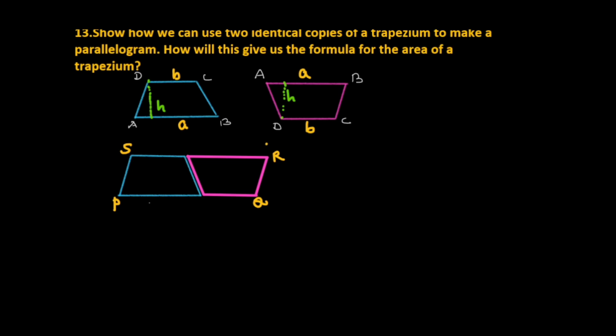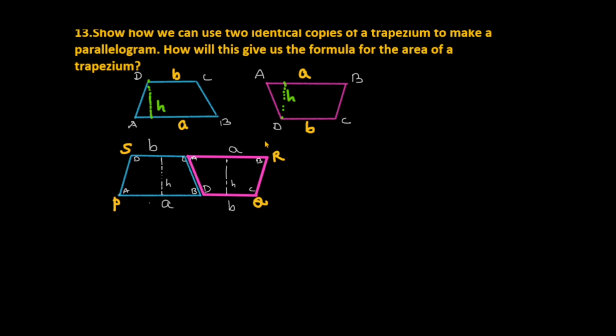We joined here, this is vertex A, B, C, D, and here inverted, and we joined like this. The side lengths, A to B is A and C to D is B. Here C to D is B and A to B is A. And the height, this is also H, this is also H. The distance between the parallel sides is H.